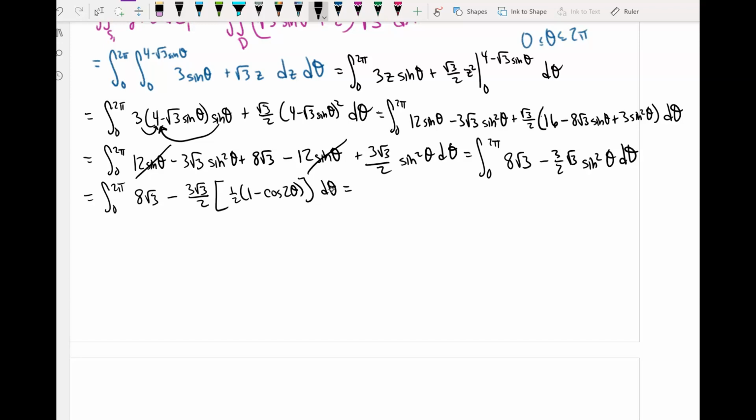So now I'm going to have integral from 0 to 2 pi 8 square root of 3. So this is going to be minus 3 square root of 3 over 4 plus 3 square root of 3 over 2 cosine 2 theta. Oh gosh, okay, I think I got it.